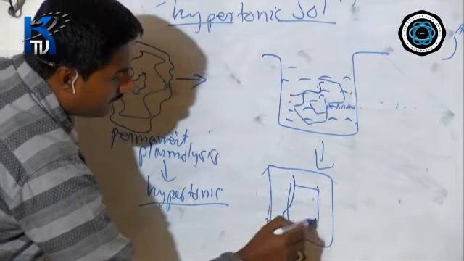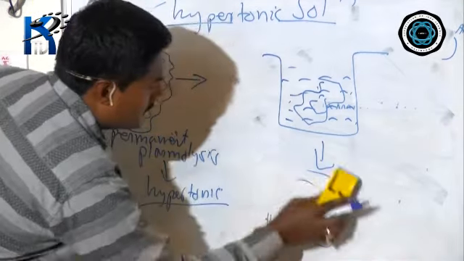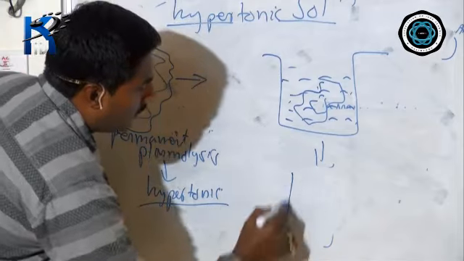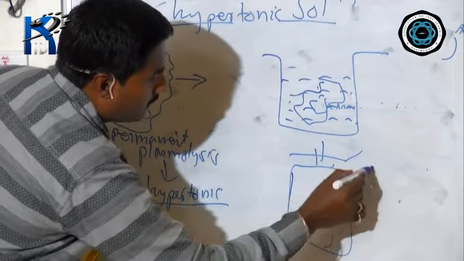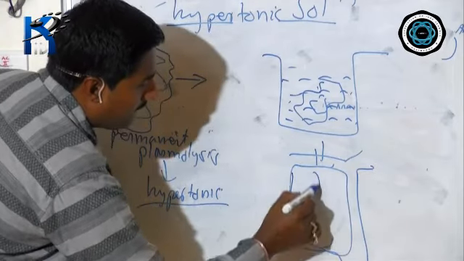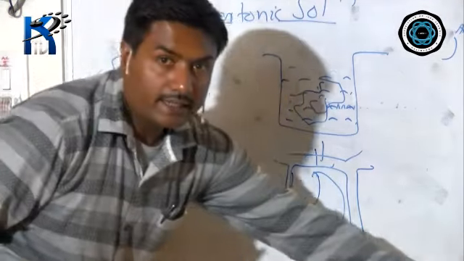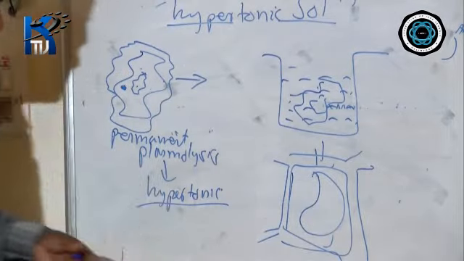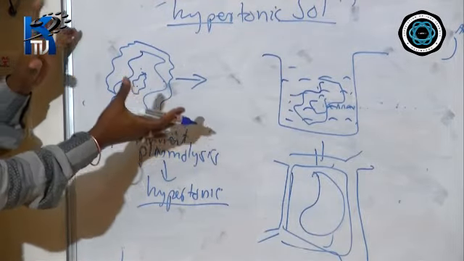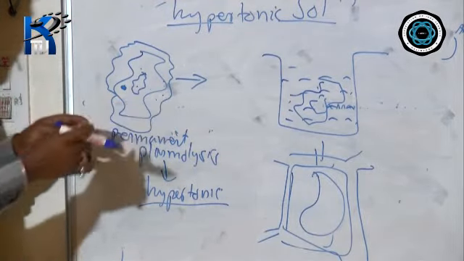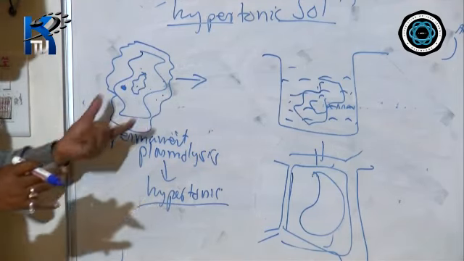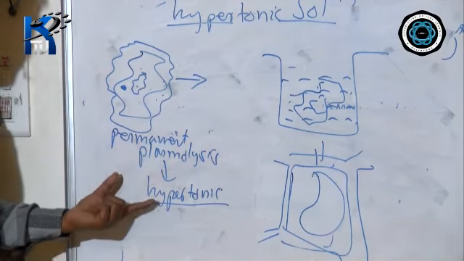Again this cell will regain its shape and size. You see the cell has shrunk because you put it in the hypertonic solution.